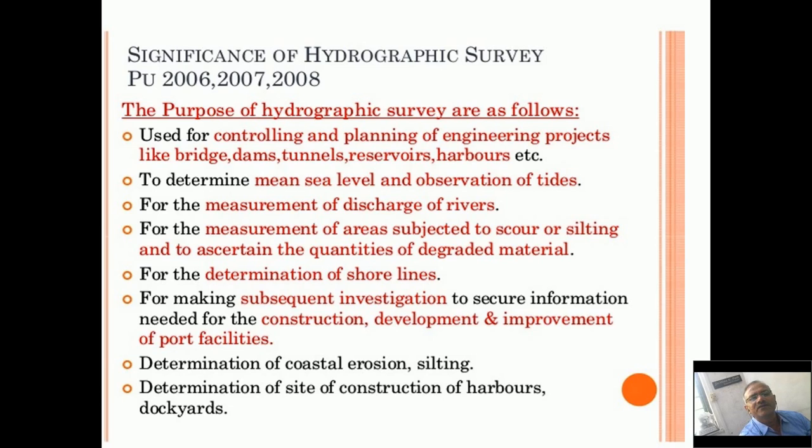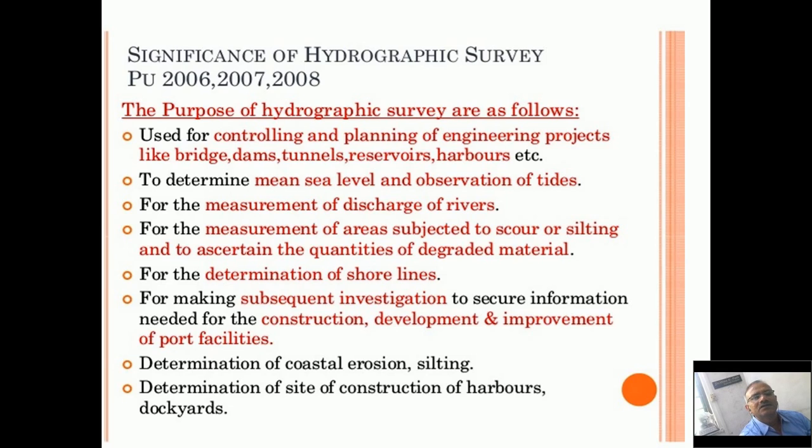For measurement of areas subjected to scour or silting and to ascertain the quantities of the dredged material, how much amount of the material is to be removed from the particular location to achieve the desired depth at that location to get the particular draft, dredging operations are carried out.